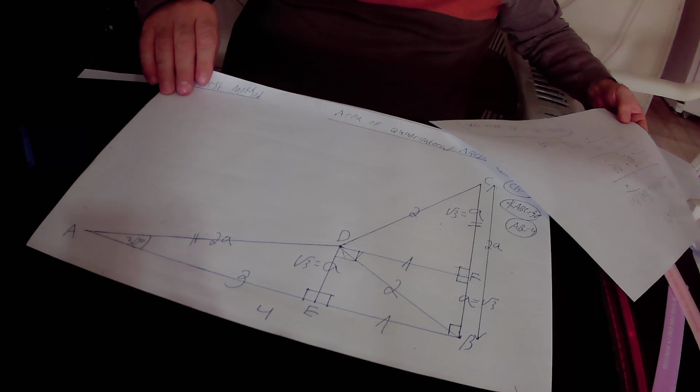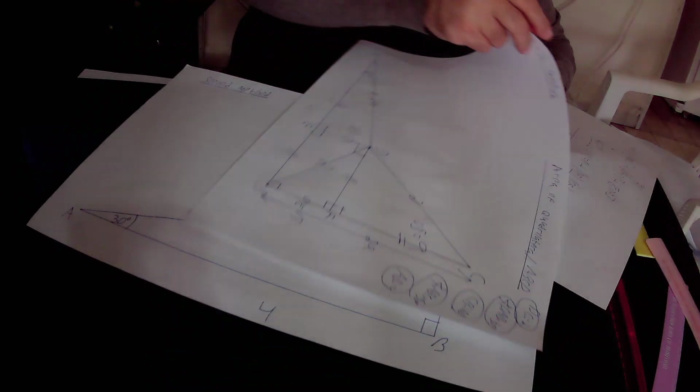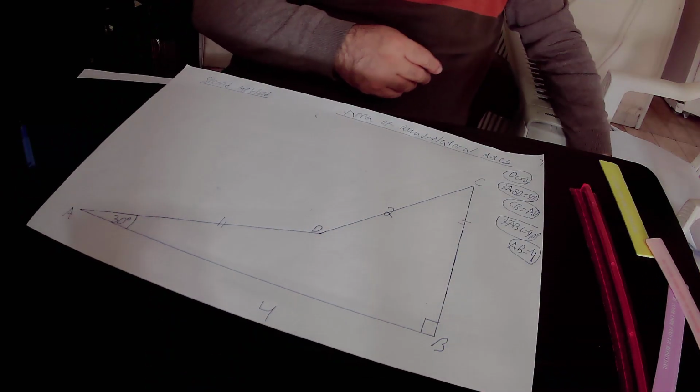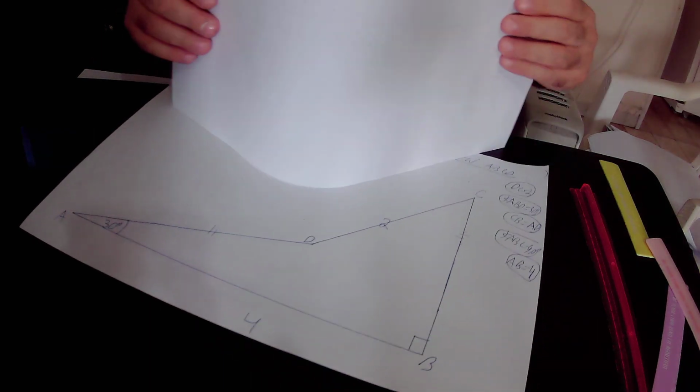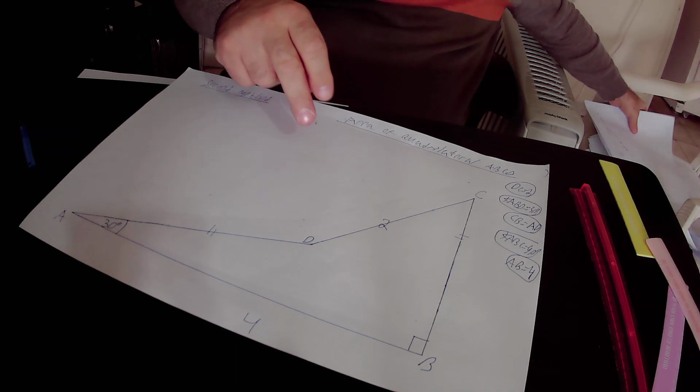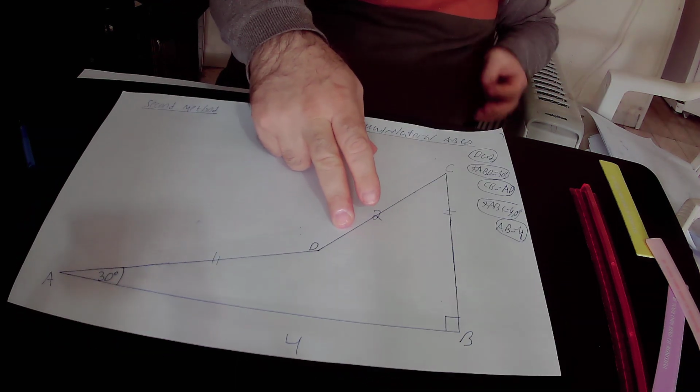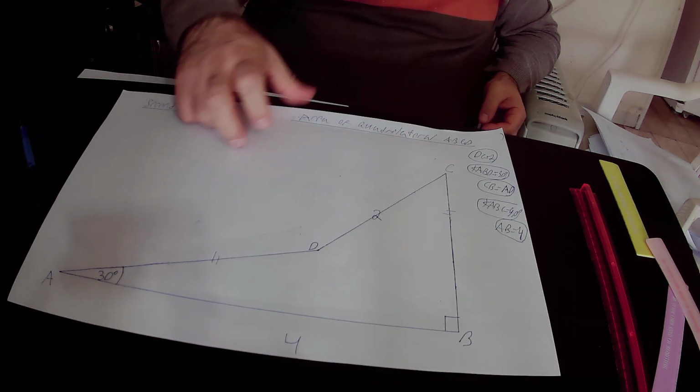In the next step, I will present to you how to find the area of this quadrilateral ABCD using the second method.